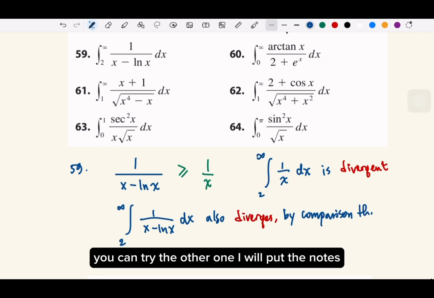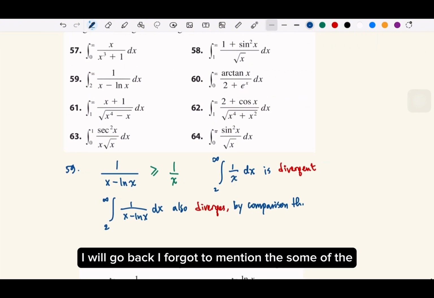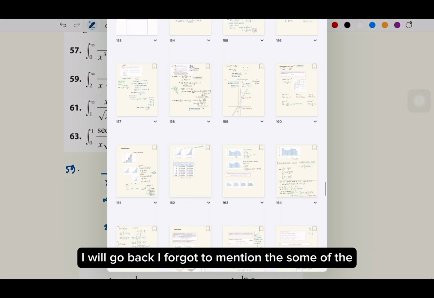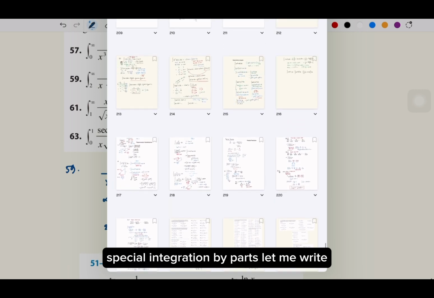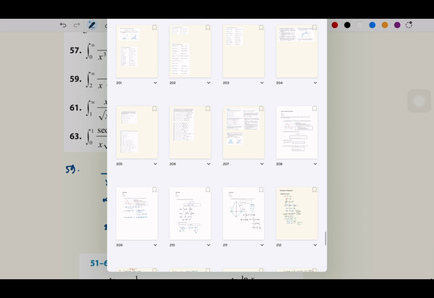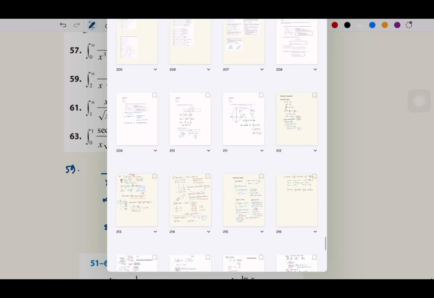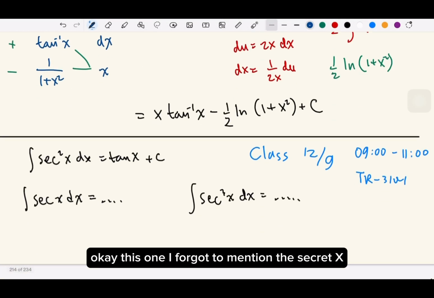I will put the notes for the exercise for improper integrals later. I will go back. I forgot to mention some of the special integration by parts. Let me write. Okay, this one.